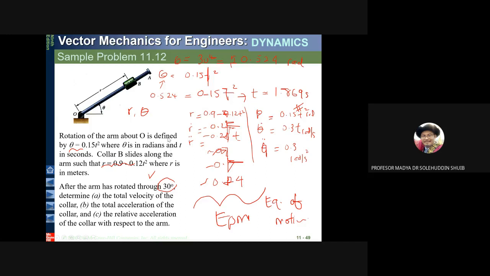So I recap what I have done. First of all, you have to convert the value of theta into radian, and then you solve this basic equation and obtain t in seconds. Then you put these two terms together, r and theta, and differentiate with respect to time.